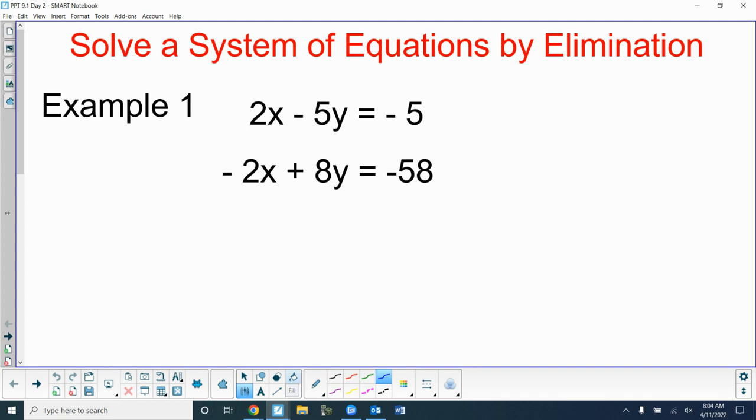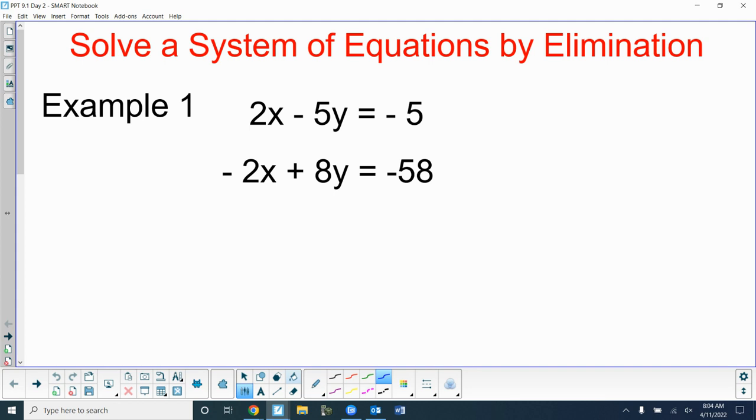So I like to have my x's, then my y's, my equal sign, and then my constants. Sometimes they'll try to mess with you and put the y first, and then the x, when they write the problem. But when you write it, put the x, then the y, so everything lines up. Now, in this method, you want to eliminate one of the variables.